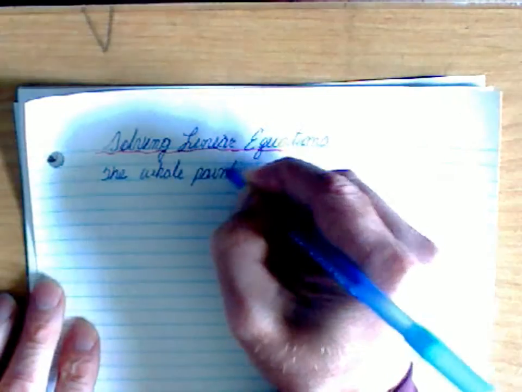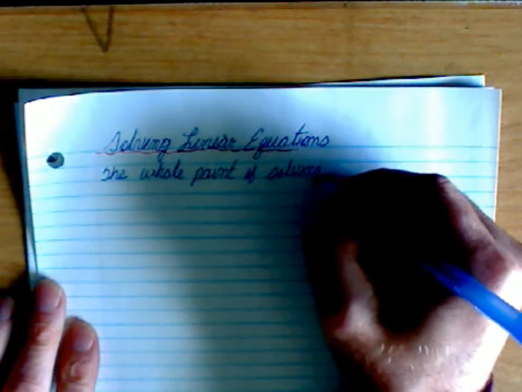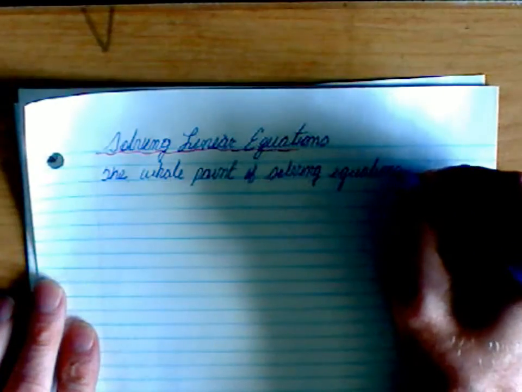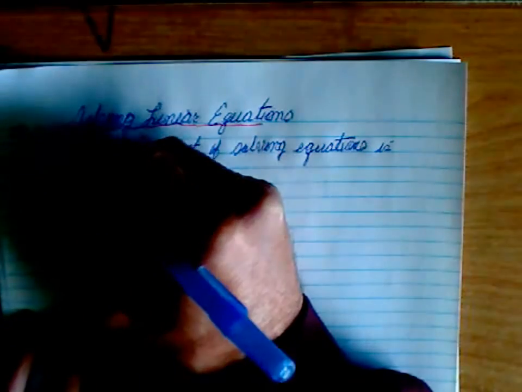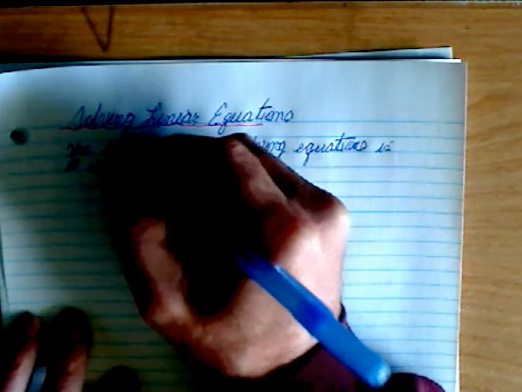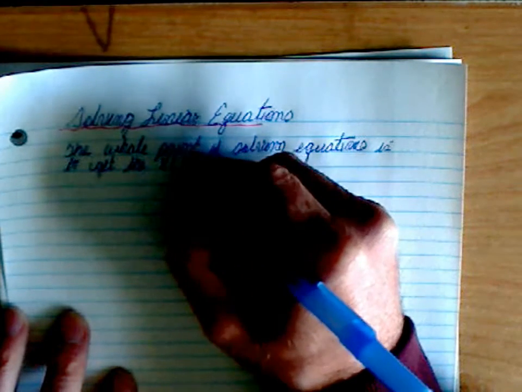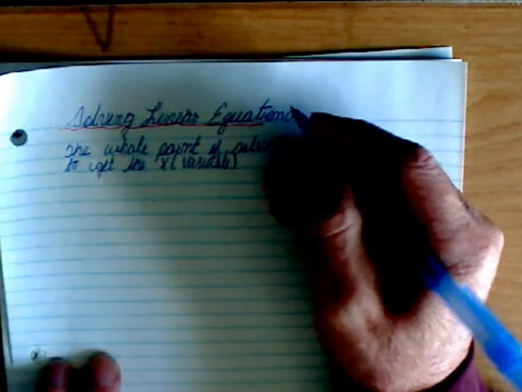So let's say the whole point of solving equations is to get the x, or variable (put that in brackets), variable by itself.